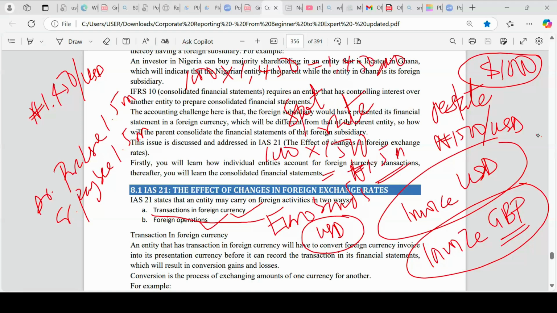First of all, if I don't know anything, I know I'm going to credit bank 1,450,000. Then I'm going to debit my payables, the same 1,450,000.